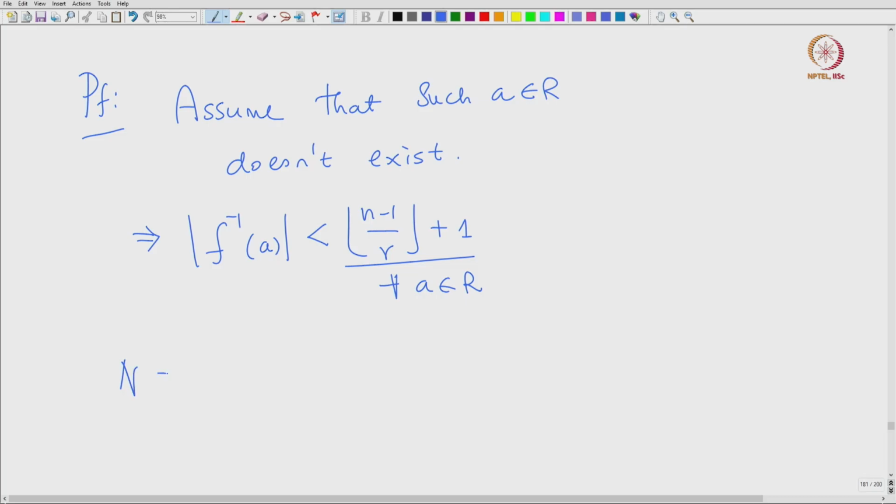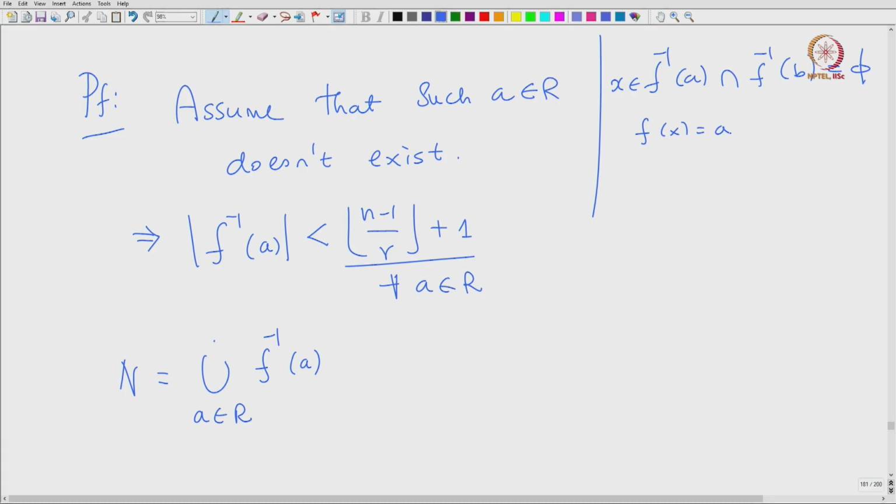Look at N: you can write it as the disjoint union of f inverse of a, for a coming from R. Note that f inverse of a intersection f inverse of b must be empty for a not equal to b in R, because if there is an element x here, then f of x becomes a as well as b. That is a violation of the function definition, so this cannot happen.